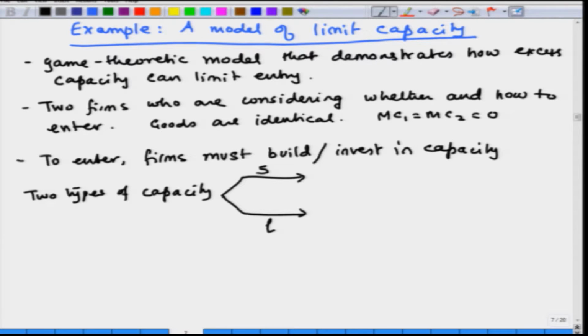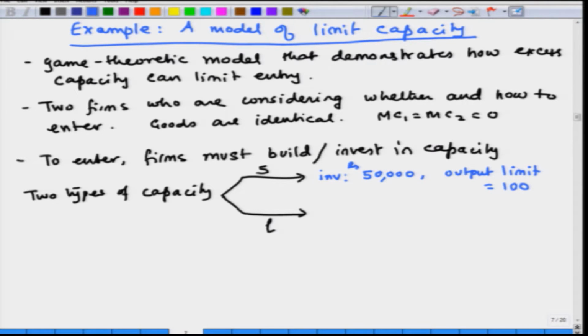What I mean by a small facility is that if it is a small facility, the investment needed would only be, let us say, 50,000 rupees, but the maximum output that can be produced is, so output limit is 100, right. So, if I invest in building a small facility, then the firm would need to make an investment of 50,000 rupees, and the output that I could produce using this small facility is only 100 units.